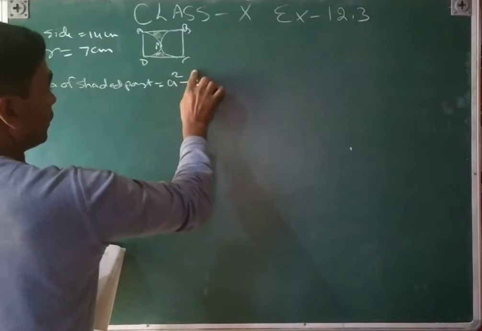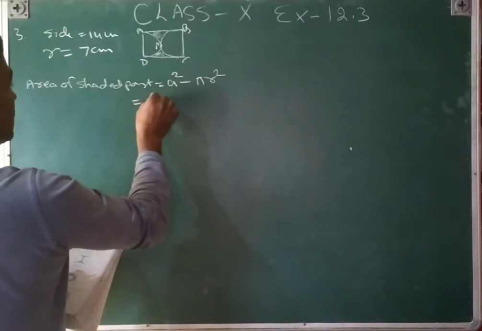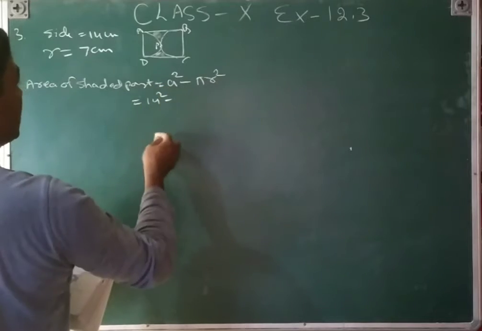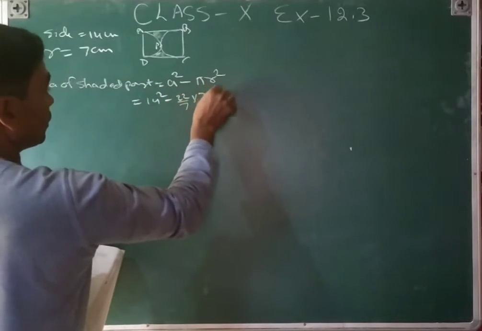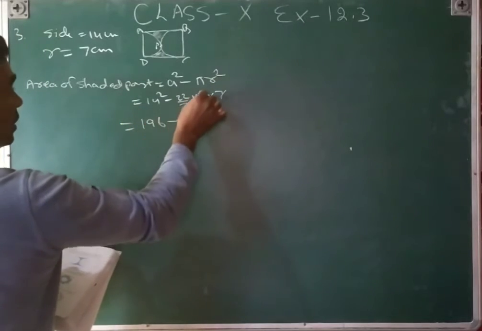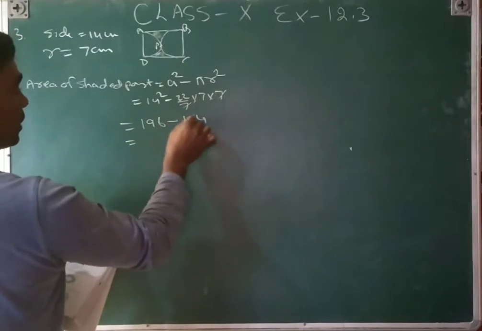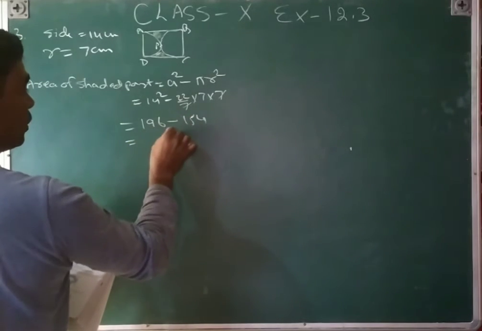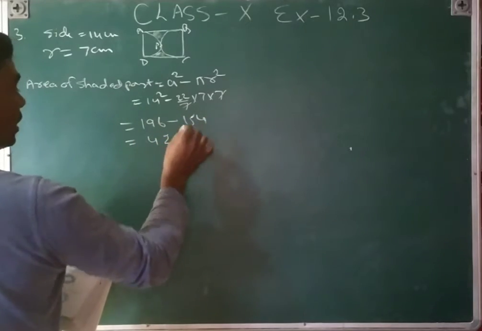That means we can write pi r square. So 14 square minus 22 upon 7 into 7, cancel by 7, 14 14 ja 196, 7 2 ja 14, 7 2 ja 14 1 15. So that subtraction, 4 less 6 less 4 2, 9 less 5 4 centimeter square.